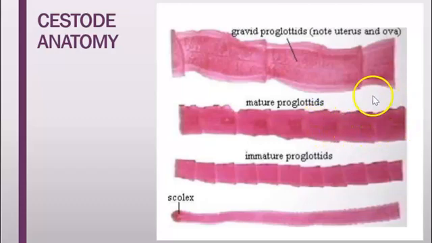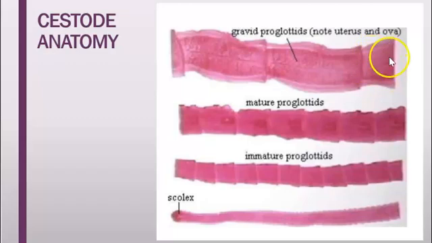But if you continue on, once they're mature, we can start producing fertilized eggs. So these are the fully mature proglottids or sections that are full of eggs. So we're out at the very end of the posterior end of the tapeworm. So these sections are going to be able to start falling off.